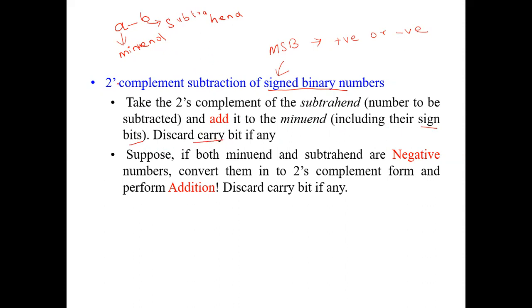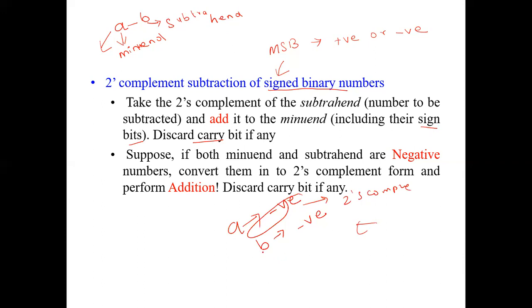But if both the minuend and subtrahend are negative numbers, convert them into 2's complement form and perform addition. So what they are trying to say is, if A is a negative number and B is also a negative number, convert both into 2's complement form and perform addition.